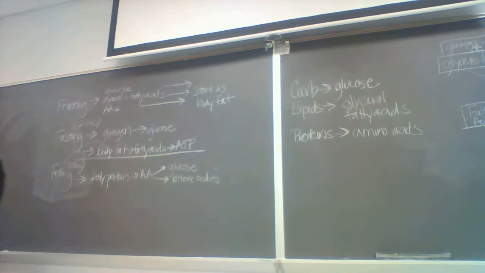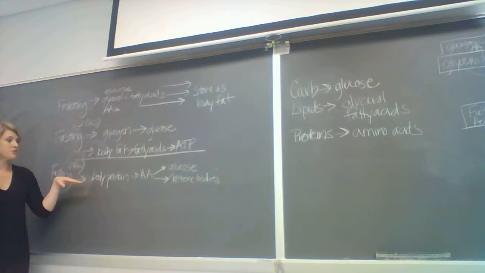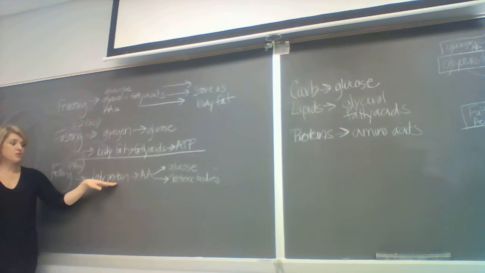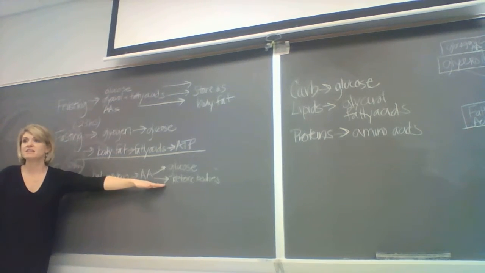If you've ever heard the term ketosis, a lot of low-carb diets, high-protein diets, some of them, their goal is for you to be in ketosis, where you limit calories or carbs so much that your body starts breaking down protein some, and you make ketone bodies.